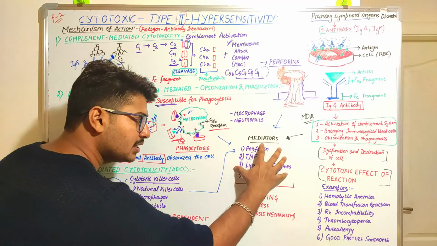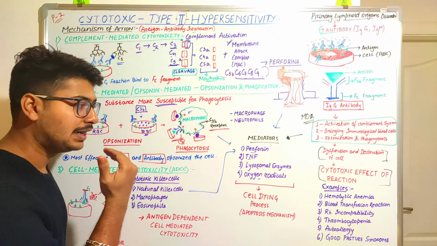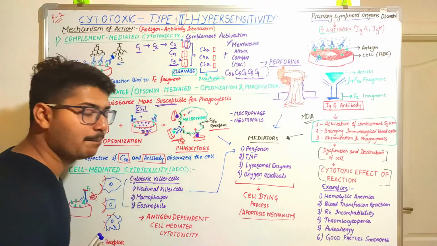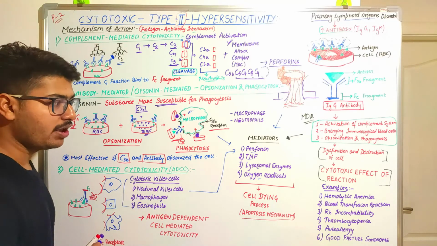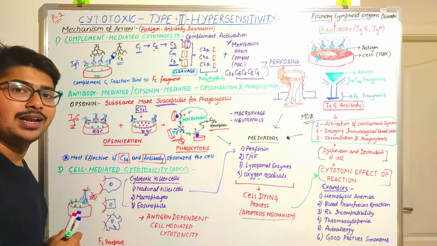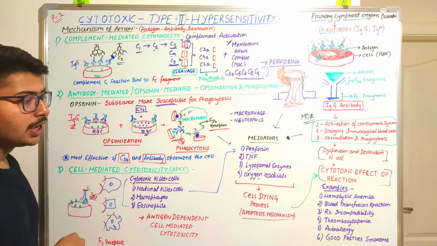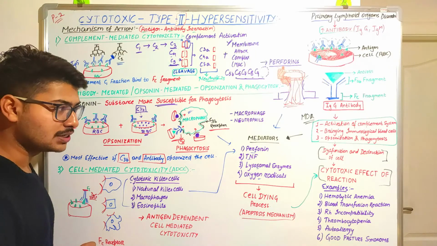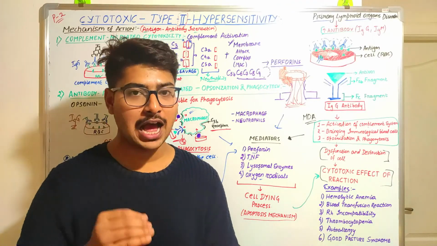As we know, these are the factors responsible for cell death, and this cell death is performed by apoptosis mechanisms. So in this way we conclude that the cell is finally destroyed by these cell mediators. Okay, so these are the examples that occur in this whole process. So this was all about the cytotoxic type of hypersensitivity.